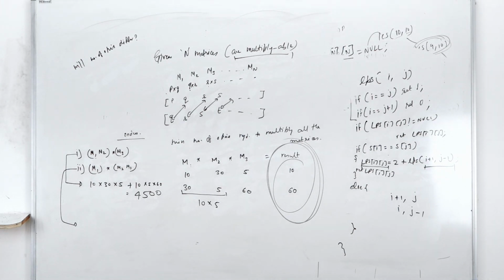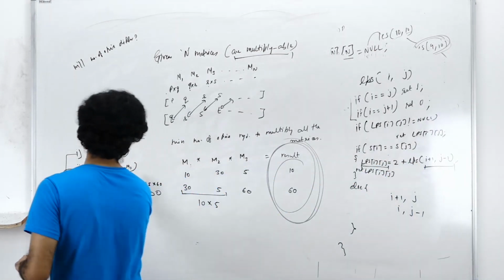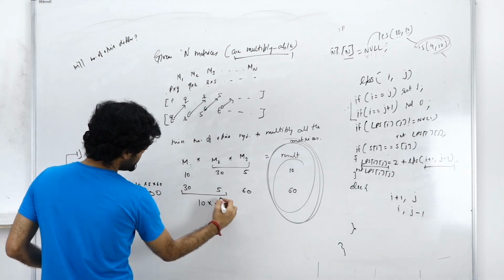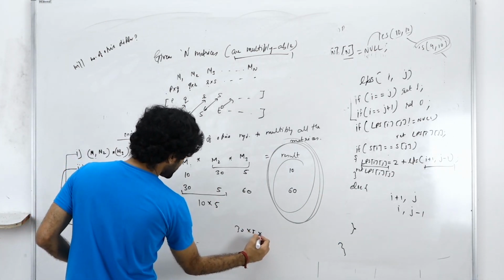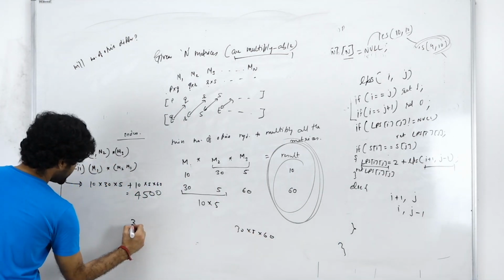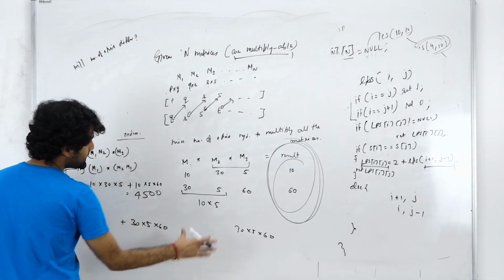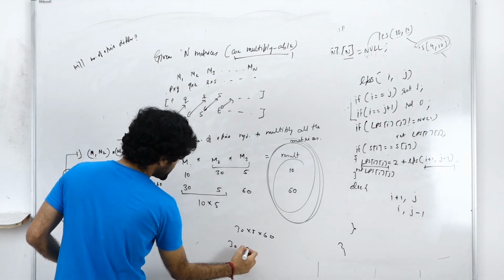27,000. Is that really 27,000 or is that 100? I mean, I might be wrong, I don't know. Okay, so let us see. First I multiply m2 m3. If I multiply m2 m3, the cost will be 30 cross 5 cross 60, and the result of this will be a matrix of dimension 30 cross 60.